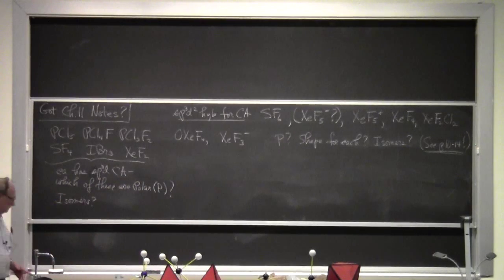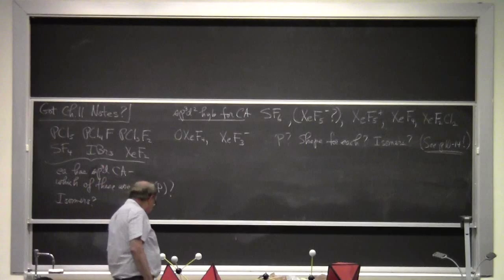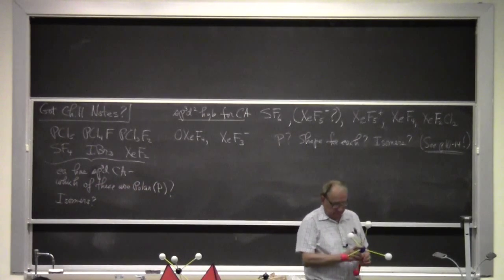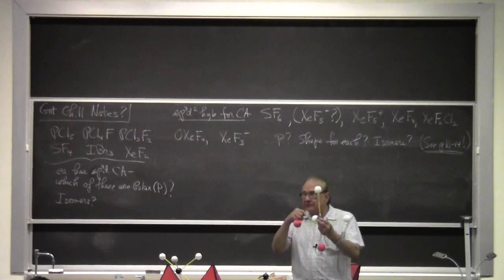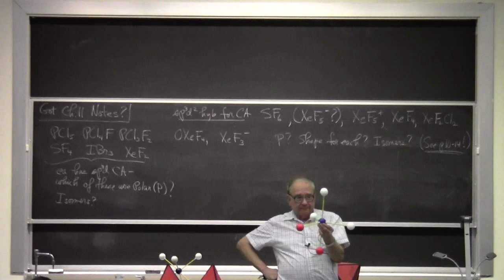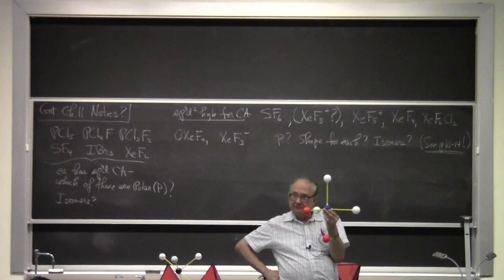Now, tough question. Given that fluorine atoms and chlorine atoms are obviously atoms of different size, how many different bond angles?